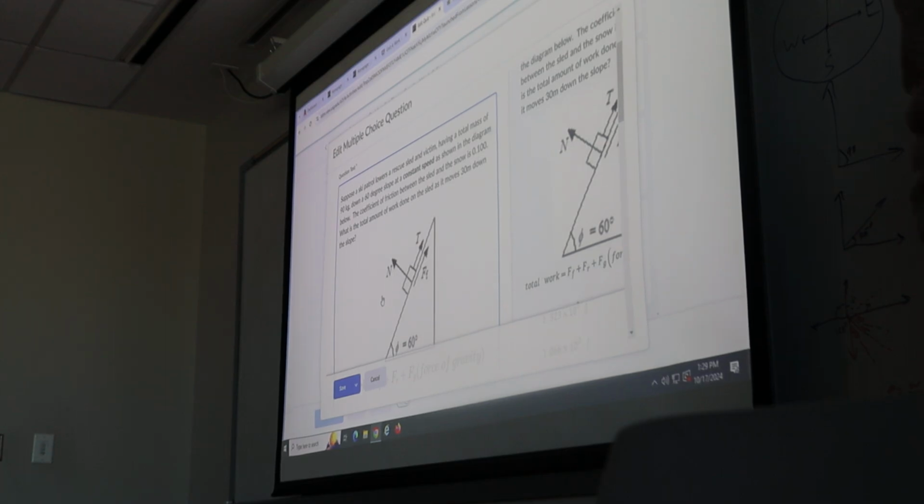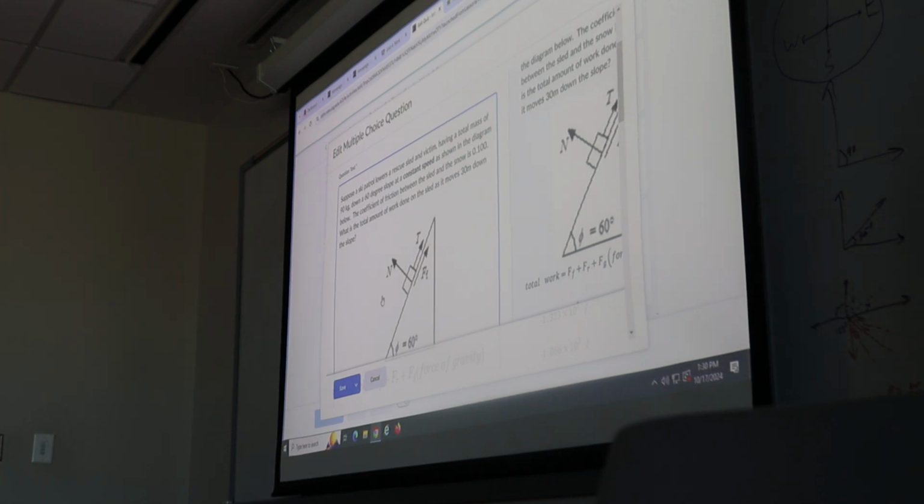To understand what the friction is doing, I need to include the coefficient of friction. I need to make sure that I have that coefficient of friction in there.